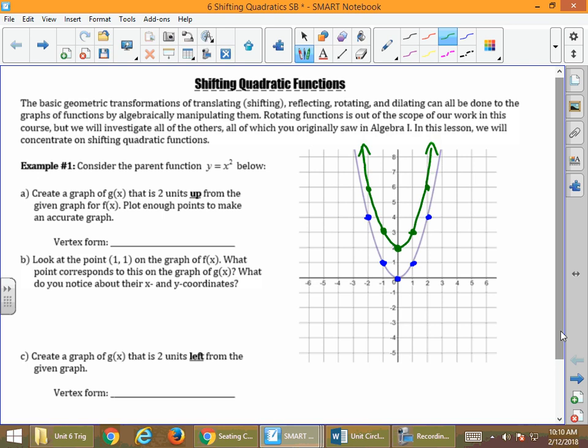And there's a picture. And if you think about what we did in the last class with our activity, the equation of that graph would look like this: y equals x squared plus 2.